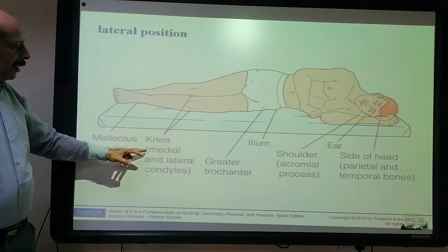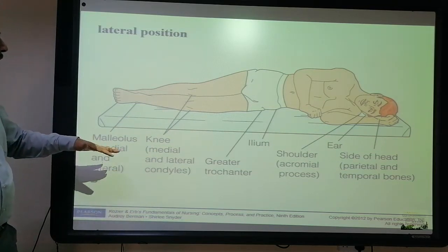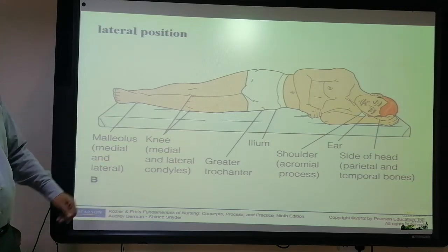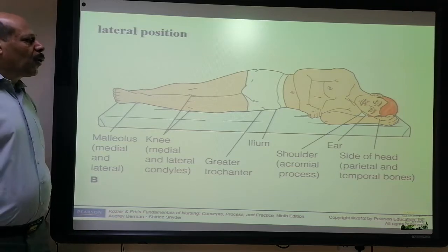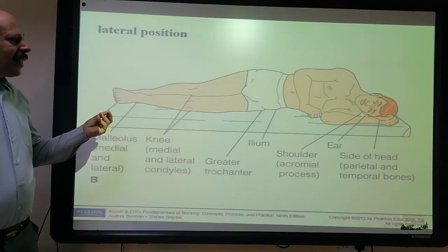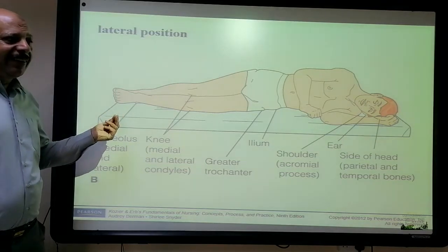The knee, the medial and lateral condyles, and the malleolus, the medial and lateral bone. So those are more prone to pressure. And you know that the skin over those bony prominences is thin.